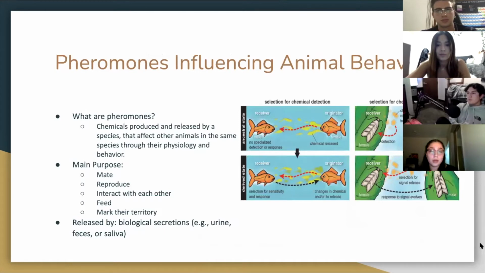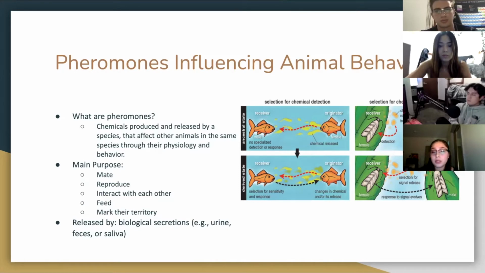Then we have pheromones influencing animal behavior. So what pheromones are is chemicals that are produced and released by a certain species, and they affect other animals in that same species through their physiology and their behavior.